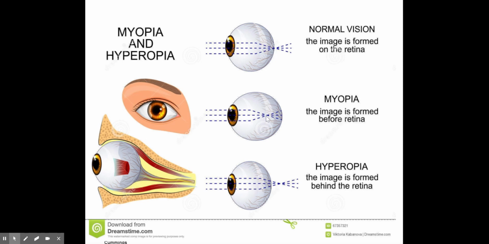With myopia, the focal point is in front of the retina. So that's why the image further away tends to be more blurred, and the closer up, it tends to be more in focus. And with hyperopia, that image is being focused essentially behind the eye. So the light rays would actually converge back behind the eye. So the further you get things away from you, the better you can see them as up close.